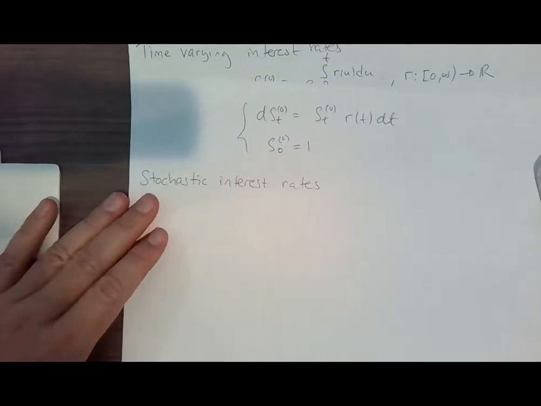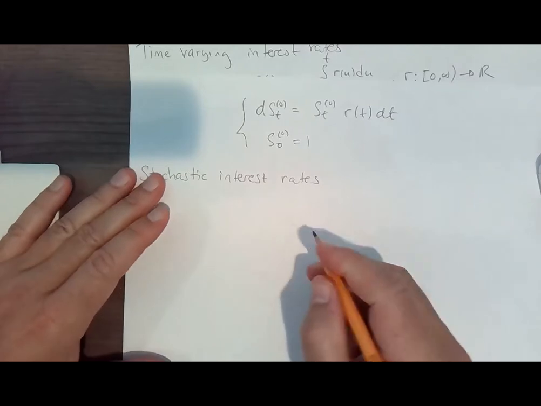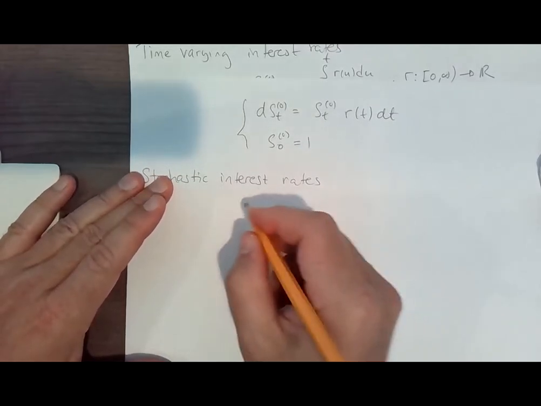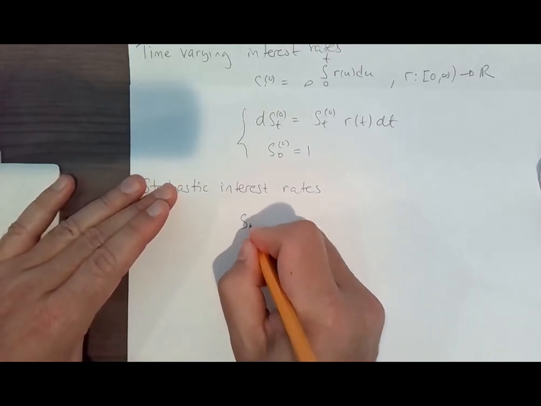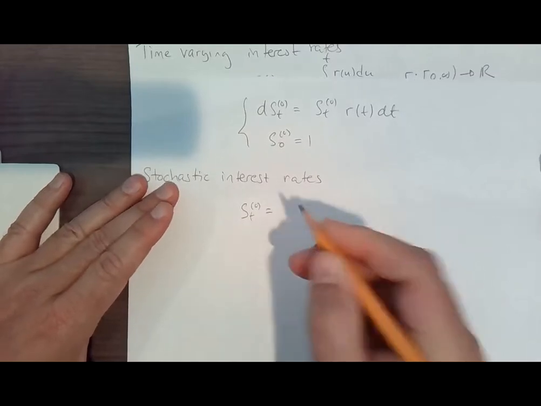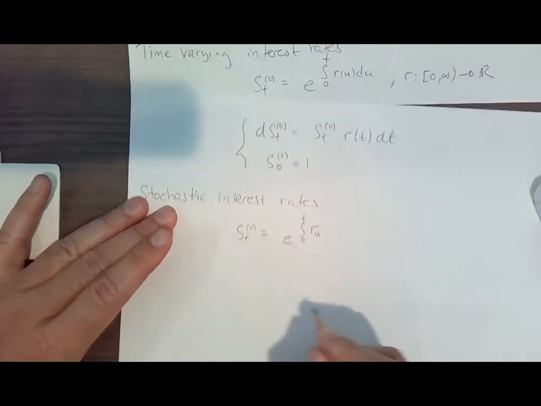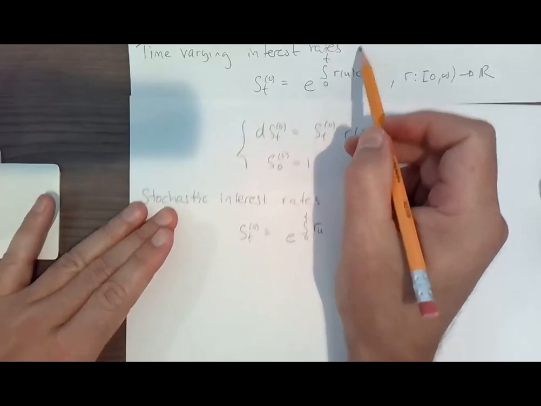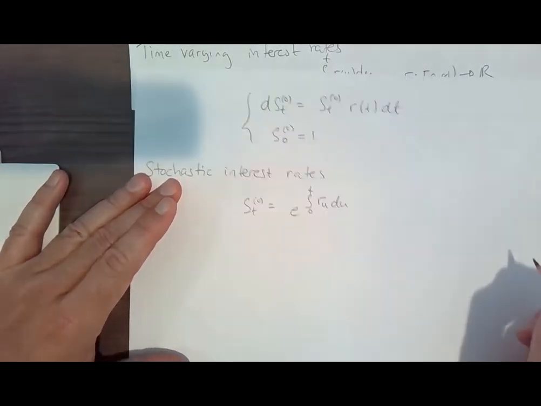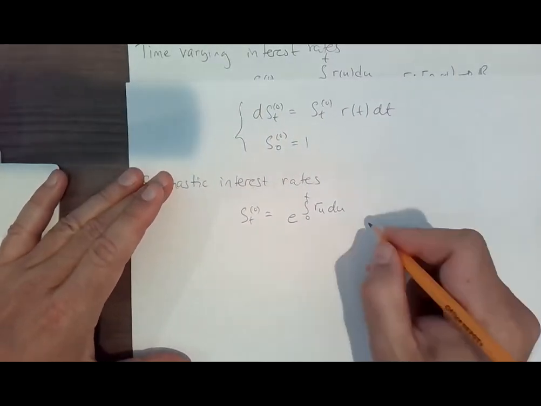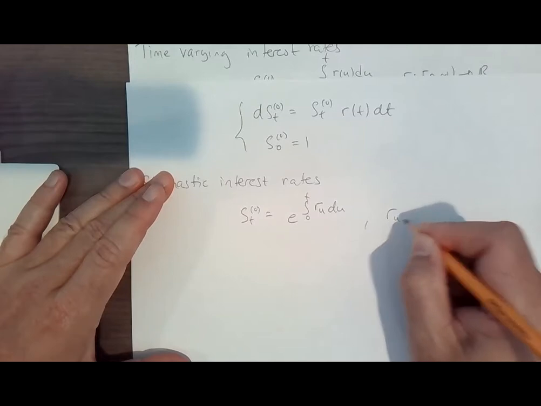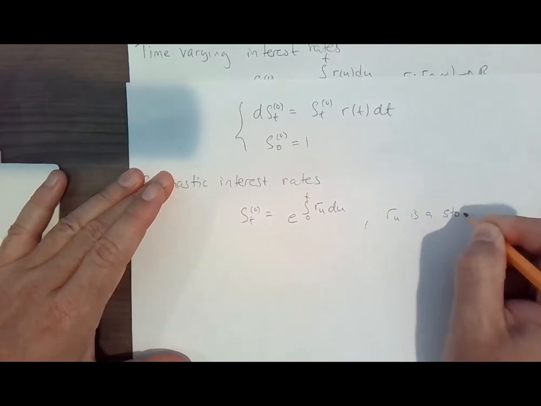So in such a model, what you would have is your S(t), the bank account. It will still have the same form. It will still be this integral, but now the R(u) comes outside. It's not a function anymore. It's a stochastic process, where R(u) is a stochastic process.